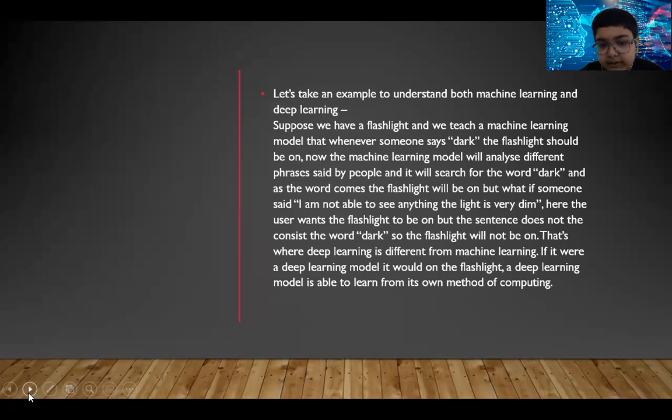But what if someone said, I am not able to see anything, the light is very dim? Here, the user wants the flashlight to be on, but the sentence does not have the word dark, so the flashlight will not be on. That's where deep learning is different from machine learning. If it were a deep learning model, it would turn on the flashlight. A deep learning model is able to learn from its own method of computing.